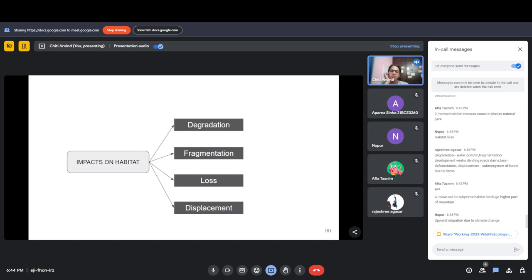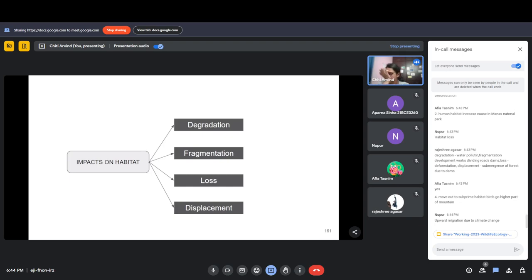Upward migration due to climate change. Yeah, that's a good example. Sure. Yeah, but these movements are usually very slow movements, right? So this involves some degree of adaptation, right?